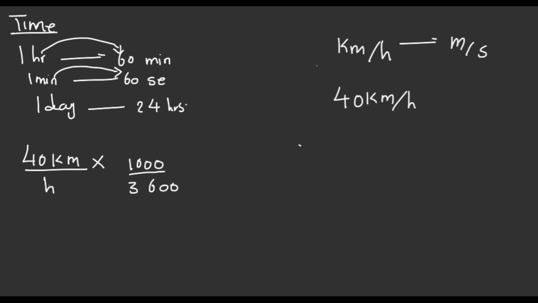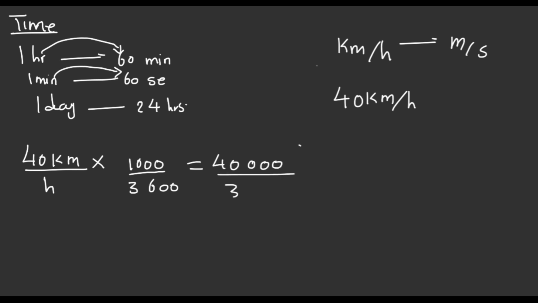So 1 hour is equivalent to 3,600 seconds. So in order to summarize, whenever you are converting from kilometers per hour to meters per second, you multiply the given speed by 1,000, then divide by 3,600.